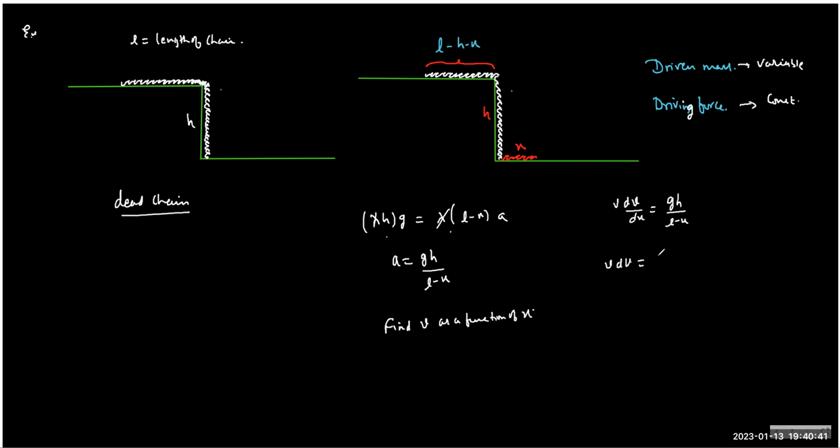So v dv is... when x is 0, v is 0, when x is x, v is v. So the answer is ln of L minus x.